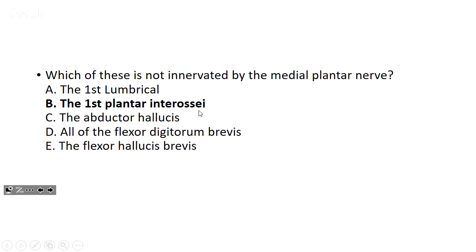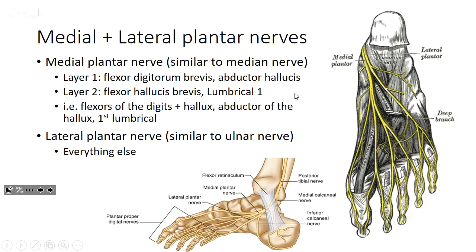I've listed here that the medial plantar nerve supplies all of these, and then the lateral plantar nerve supplies everything else. So it's similar to your median nerve and your ulnar nerve in your hand. As you can see, it comes through the tarsal tunnel and divides into 2 parts. So there's the medial and the lateral plantar nerves, and they supply almost everything in the sole of the foot.